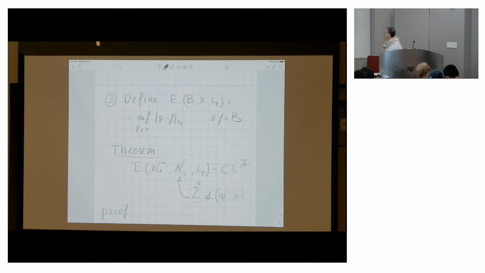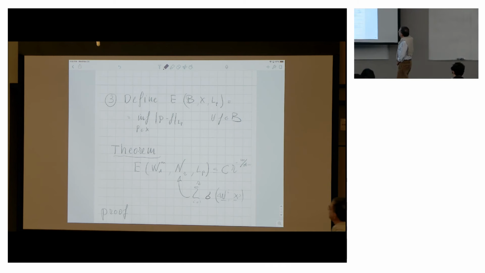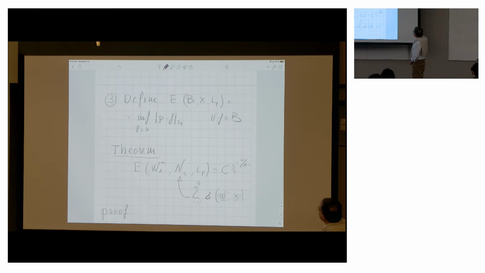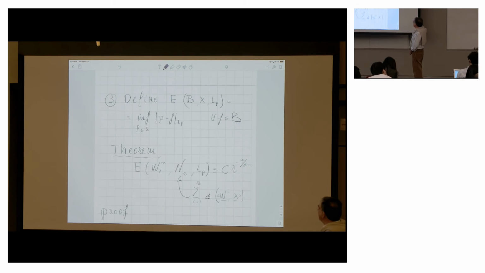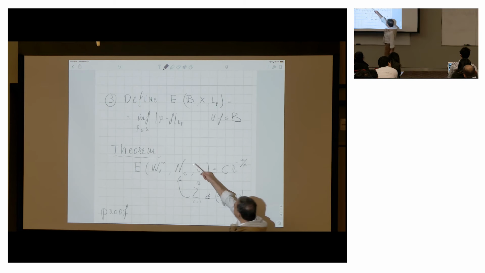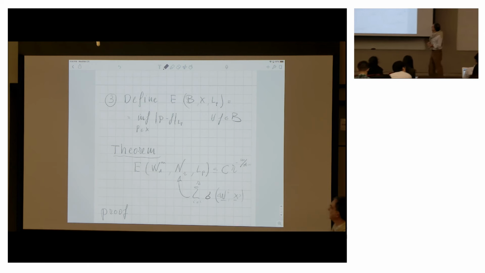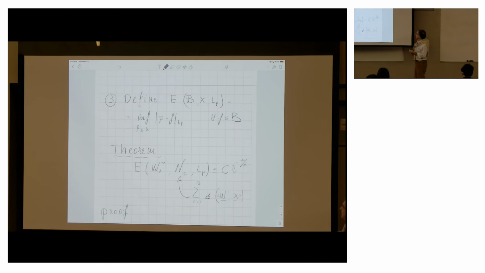So suppose I have some B and X, and I want an element f of B being approximated by p in X. I define this term as the inf over p, so the best I can do. And the norm will be, for instance, L2, the square.